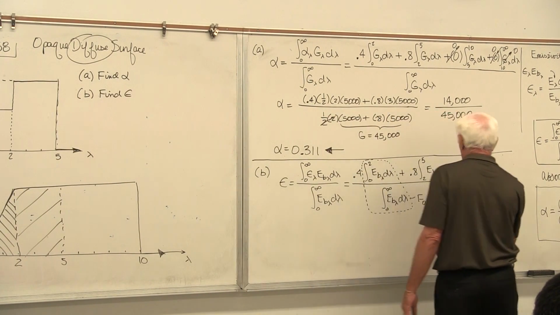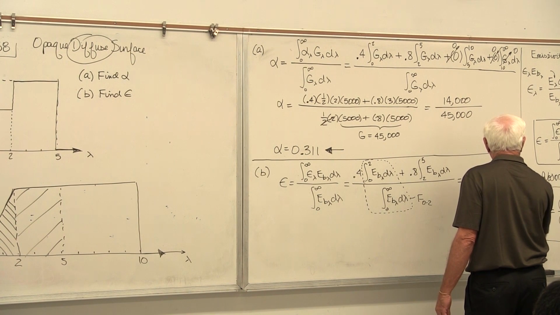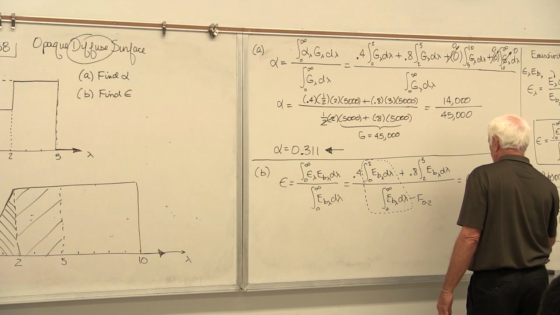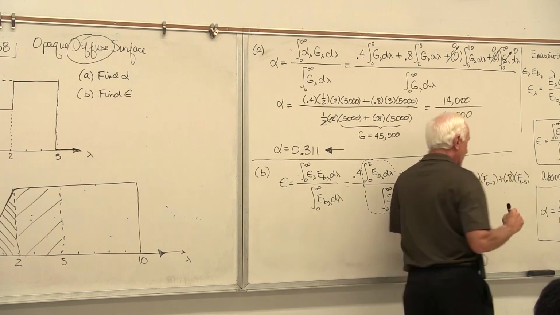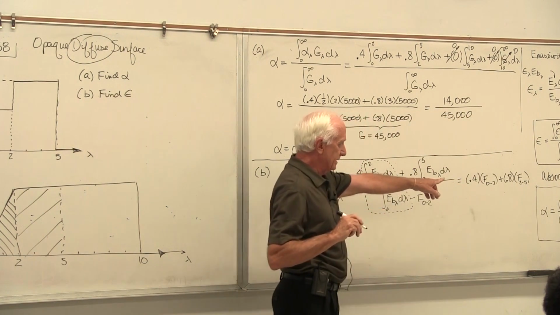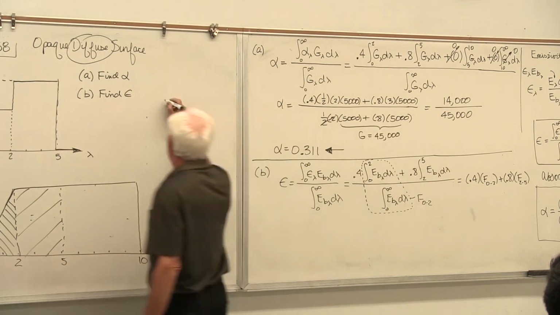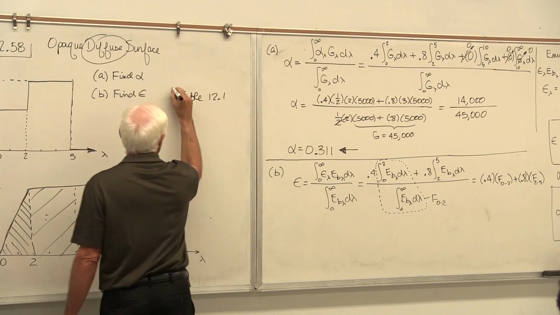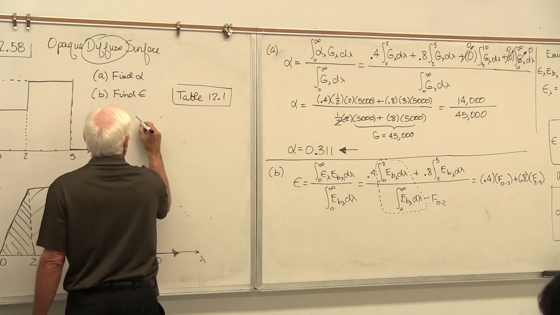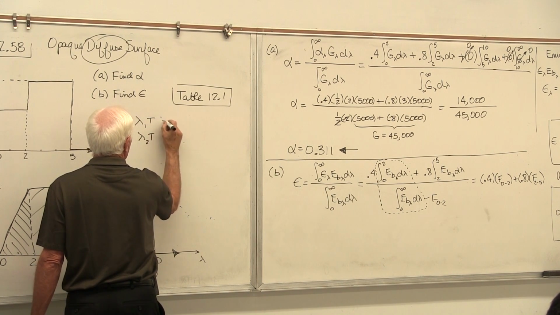So this becomes 0.4 F 0 to 2 plus 0.8 F 2 to 5. Band emission, we covered that last time. I've got to go to table 12.1 to get the F factors. I need lambda 1 T and lambda 2 T.